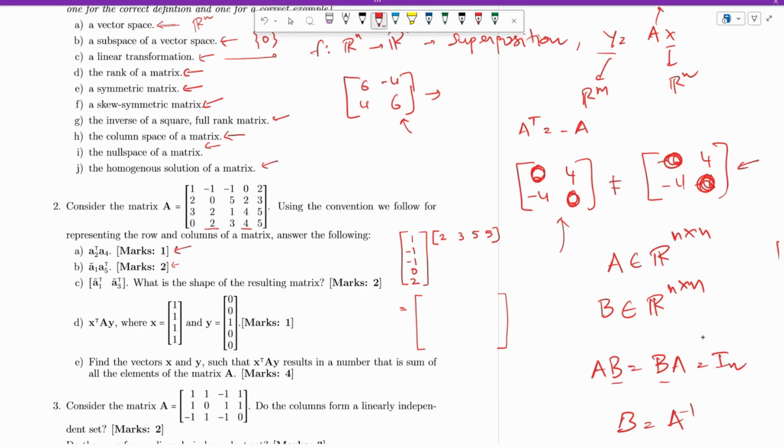Second row. Same. All 0. That's all. Okay. What about this? You'll have to write down the matrix and then say what the shape will be.